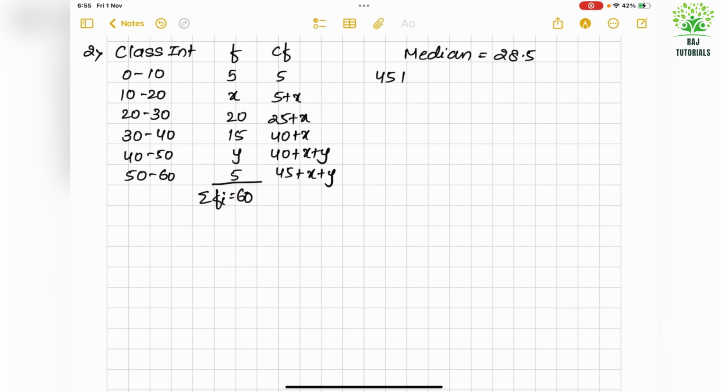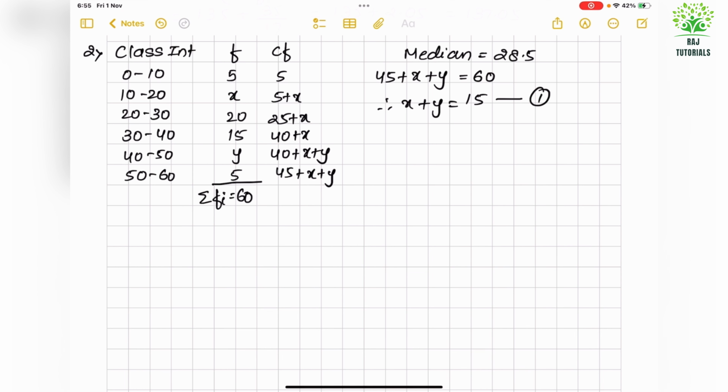Now I am also given 45 plus x plus y equal to 60. So therefore x plus y equal to 15. So this I am calling equation one.